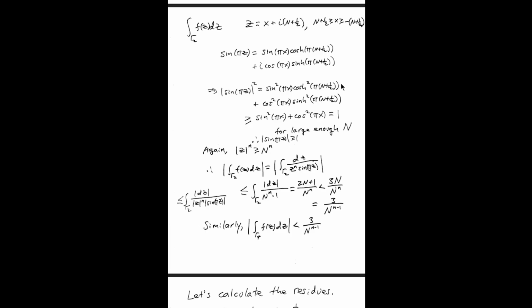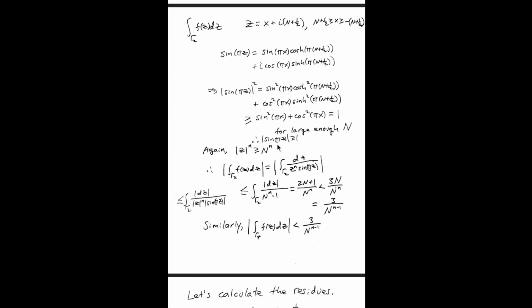Well, for n big enough, the cosh of pi times n plus 1/2 is going to be bigger than 1, and also the sinh of pi times n plus 1/2 will be bigger than 1. So we can say this thing is greater than or equal to sine squared of pi x plus cosine squared of pi x, which, of course, equals 1. So therefore, we can say the modulus of sine of pi z squared is bigger than or equal to 1.